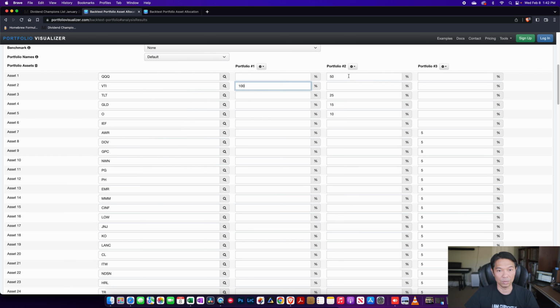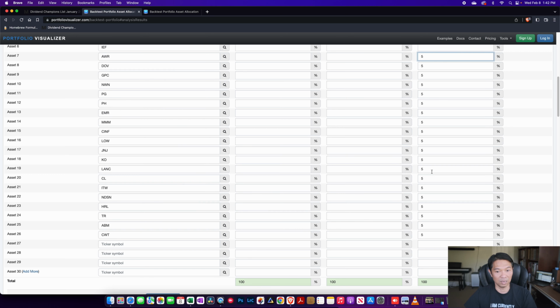Then in portfolio 2, I put in my portfolio, which is this four-fund: 50% in large cap stocks as represented by NASDAQ 100, long-term treasury bonds, gold, and then my REIT, which I'm using Realty Income. And for the dividend stocks, portfolio 3 has the top 20 of the dividend champions in equal weight.